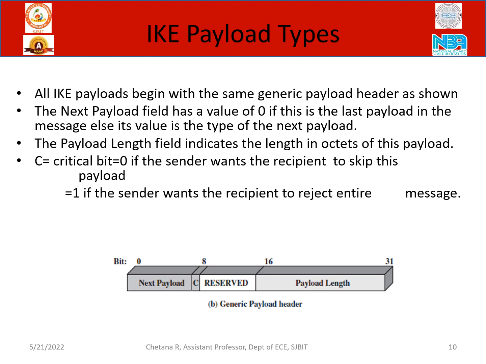So what is this C doing here? It is 8-bit information. If this is set to 0, the sender wants the recipient to skip this payload. Otherwise, if it is equal to 1, the sender wants the recipient to reject the entire message. So you can skip or reject the message based on the value allotted here as 0 or 1. So this is one type of IKE payload.